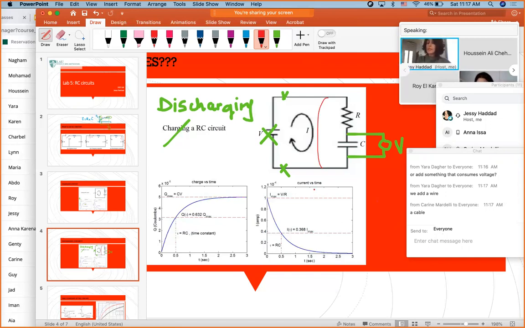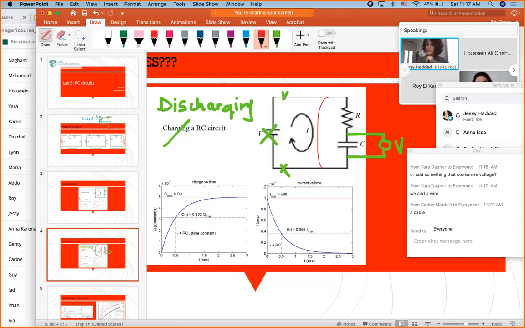Probably, Hussein assumed by removing the battery, he said remove the battery and thought connect the wire again, all right? I know this sounds trivial, but a lot of students would remove the battery without connecting the wire again. They will be confused because they will see that the voltage is decreasing. The voltage theoretically should not decrease because the capacitor cannot empty itself.